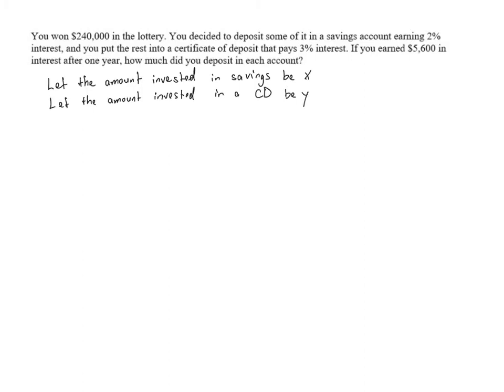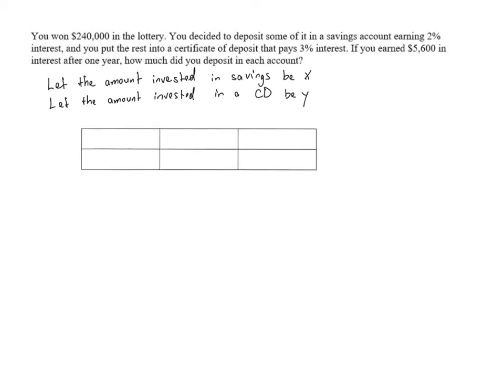Again, because this is an interest problem, we're going to want to organize our information in a table. Just like the other interest problems, we're going to use a 2x3 table. On the top, we're going to label the columns principal, rate, and interest, just like last time.